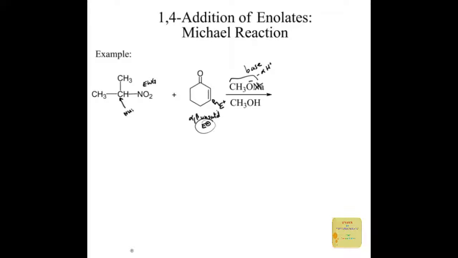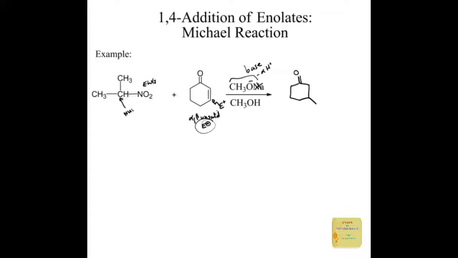So now it's just a matter of drawing the product. Without going through a whole mechanism, let's see if we could draw the product. Let's start with our cyclohexenone. And if we want to do a conjugate addition, a Michael addition here, we break this pi bond, the alkene carbon gets added to. We add our nucleophile to the beta carbon. And what is the nucleophile that we're adding?